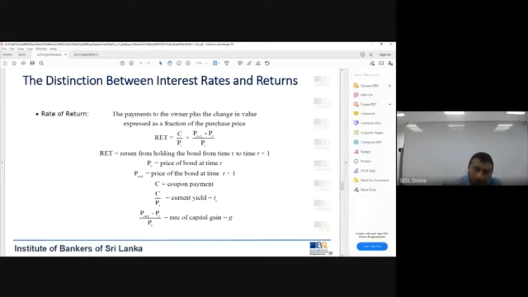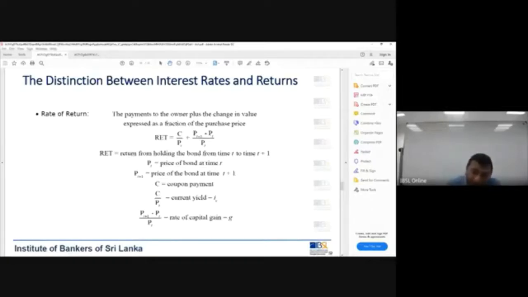So this has been very clear in the sense that you try to understand here, PT is the price of the bond at time T, let's say today, PT plus 1 is the price of the bond at time T plus, let's say 1 year. C is the coupon, then C over PT, today's price, would derive IC, that is the current yield that we have looked at in last week's slides and discussion.